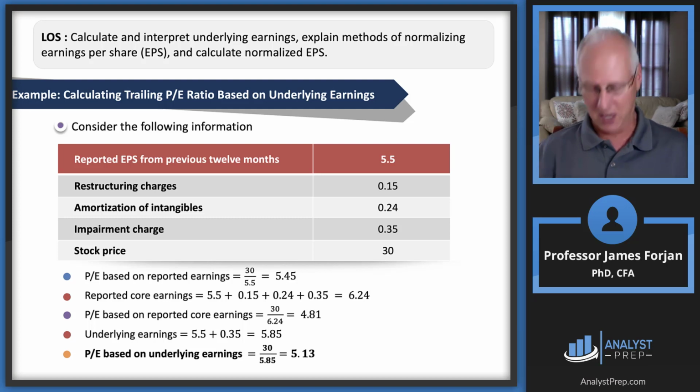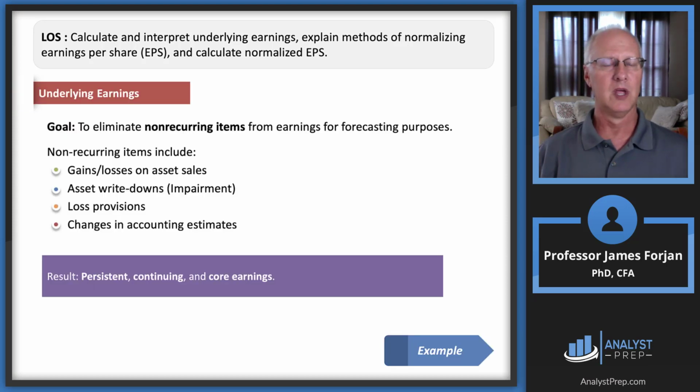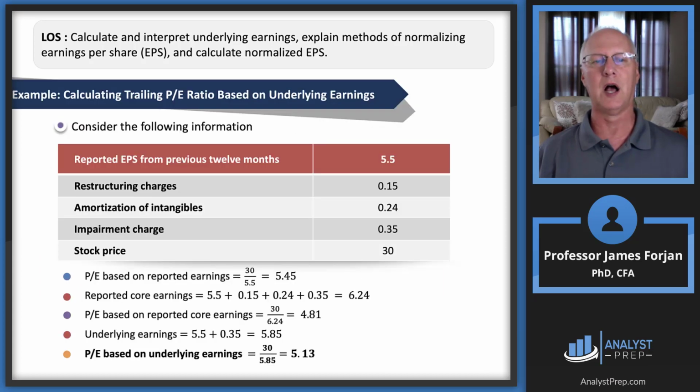All right, that's easy. We know going back here. So let me do this. So asset write down. We know that's an extreme example of a definite extraordinary non-recurring item. All right, but these other two here, restructuring charges and amortization of intangibles. Now, I'm going to go ahead and make some assumptions here that are not written on the slide deck.